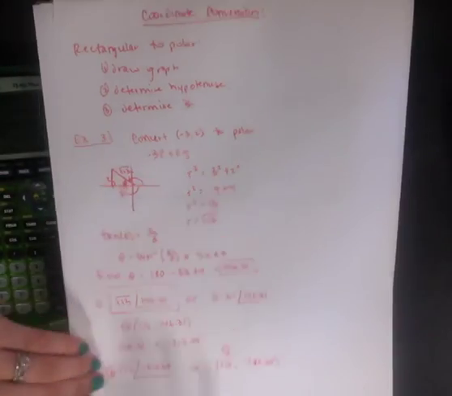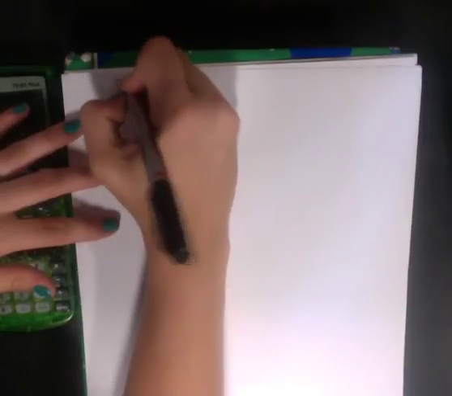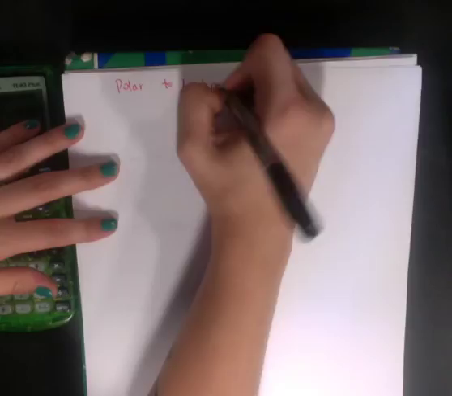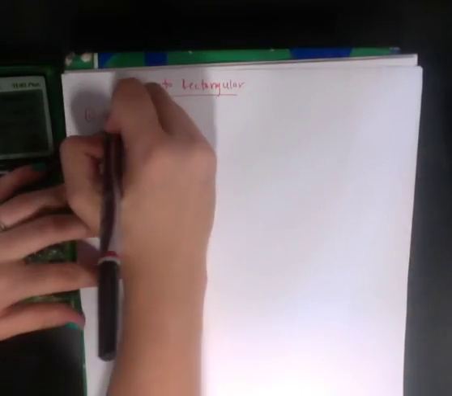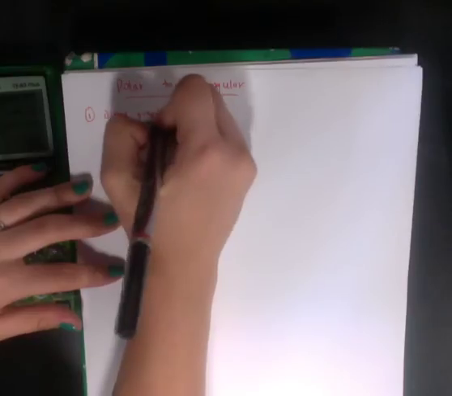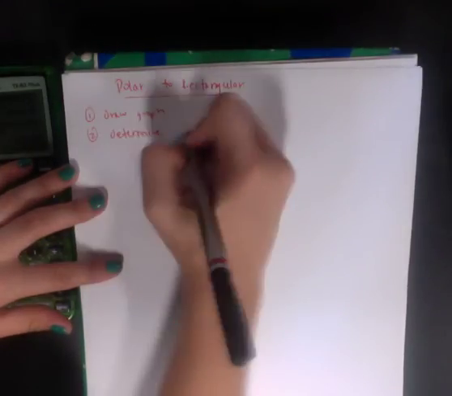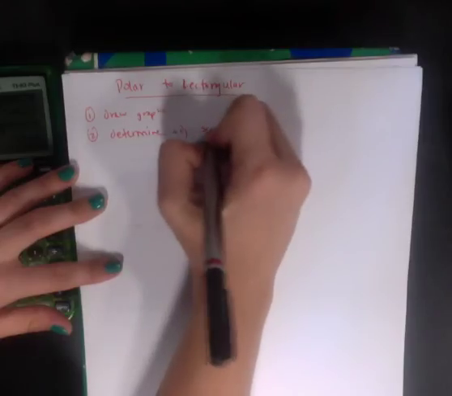Now let's talk about going from polar to rectangular. Okay. Again, first draw your graph. Find your adjacent side.